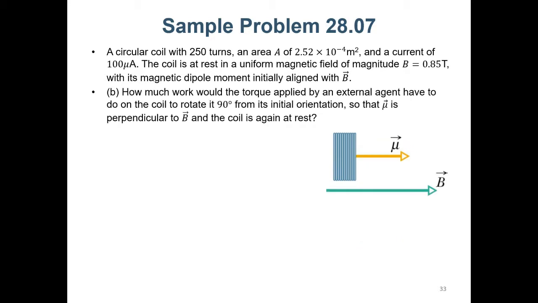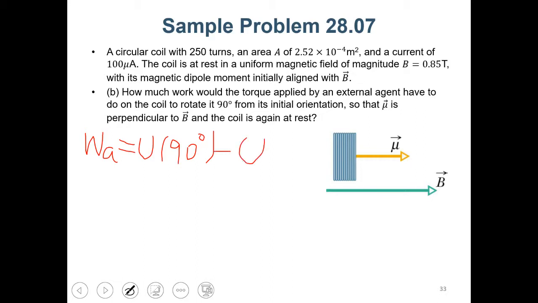So for part B, how much work would the torque applied by an external agent have to do on the coil to rotate it 90 degrees from the initial orientation so that mu is perpendicular to B and the coil is again at rest? So actually here we have W_a equals U at 90 degrees minus U at 0 degrees.